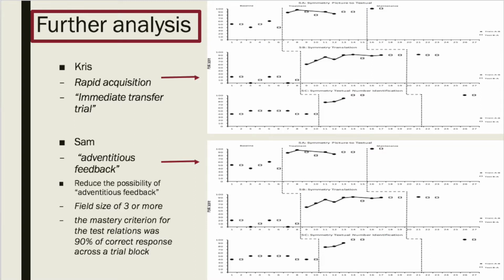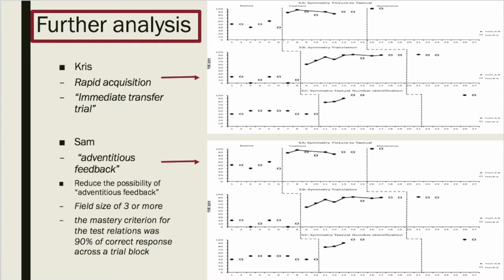Diamond and Reinfeld in 2002 noted that if you have limited choices, or two-choice procedures, that could cast doubt on the transfer performance. However, in order to combat that, all of the participants' field size for stimuli was at least 3 or more.